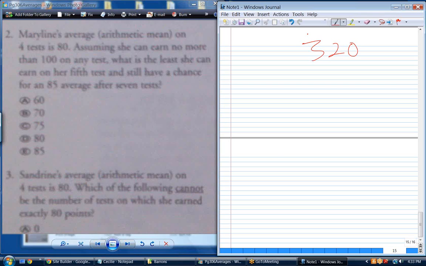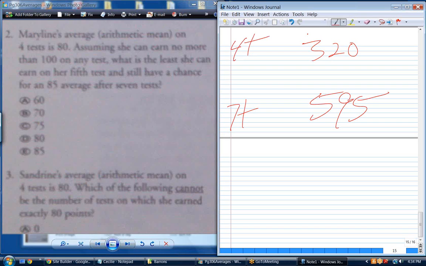Well, 85 times 7 is 595. Okay, so she needs that for 7 tests. This is what she's got on 4 tests. So what is the least that she can get?